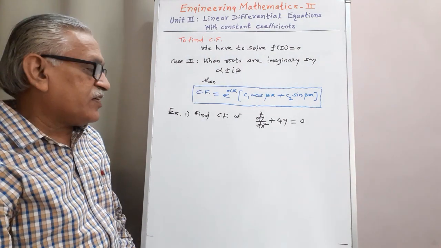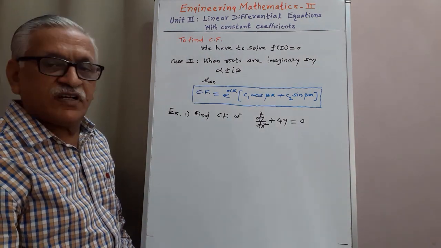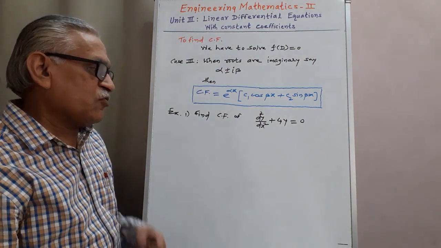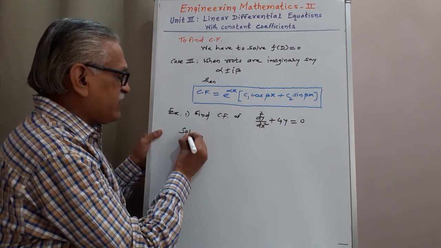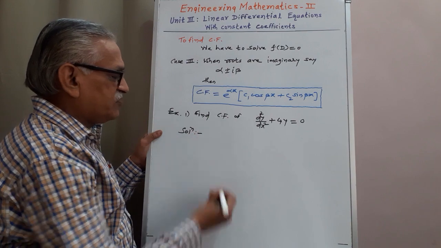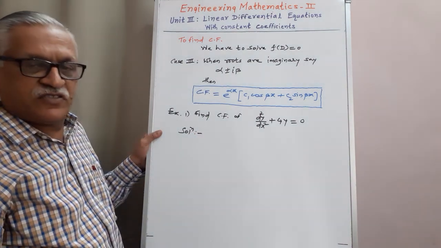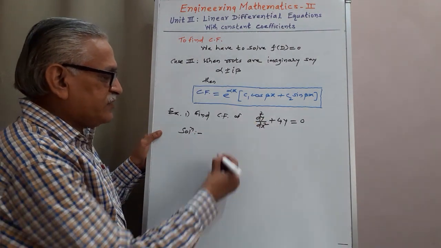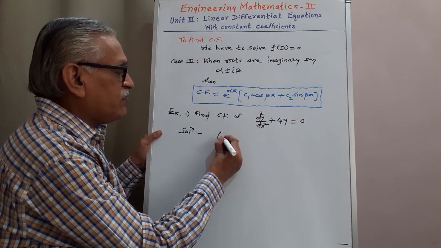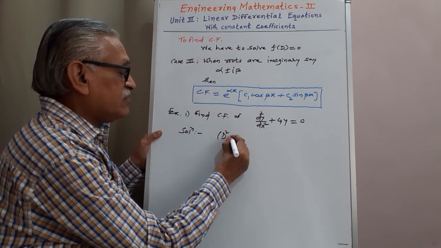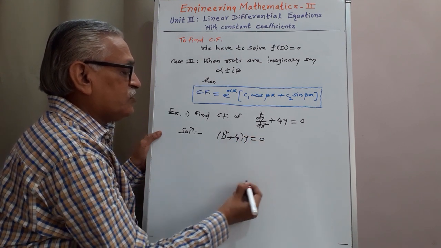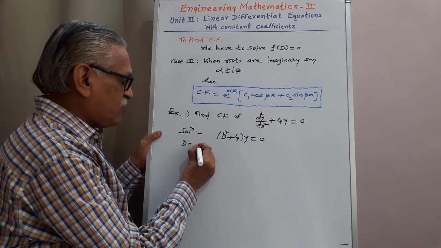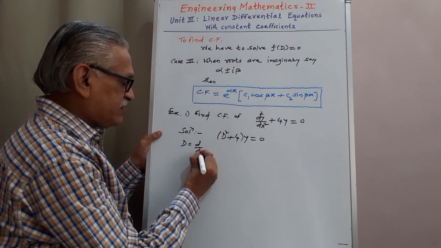Find the complementary function of the equation d2y by dx square plus 4y equals to 0. To find that complementary function, CF, we convert it into symbolic form in the first step. Therefore, in symbolic form it becomes (D square plus 4) into y is equal to 0, where capital D stands for the operator d by dx.